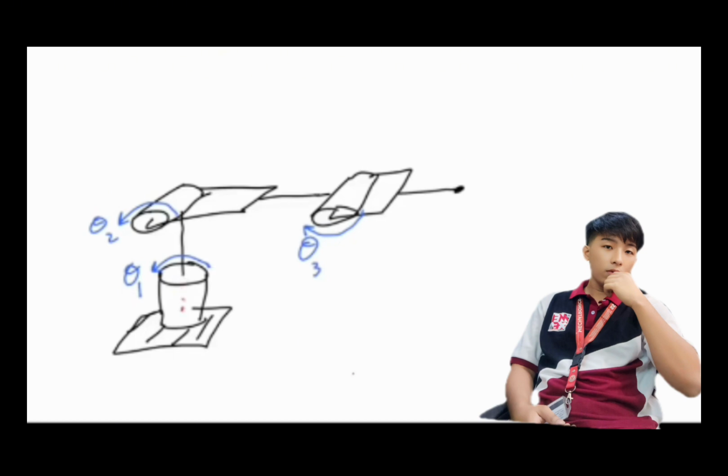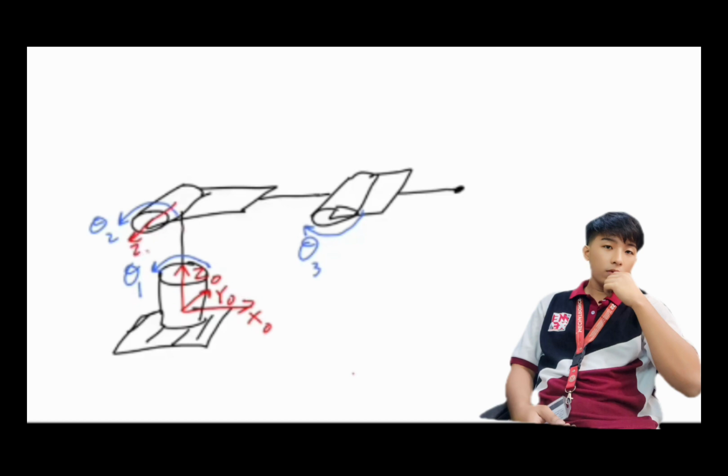So from the base, frame 0: z sub 0 is pointing up, x sub 0 is pointing to the right, and y sub 0 is pointing to the side.